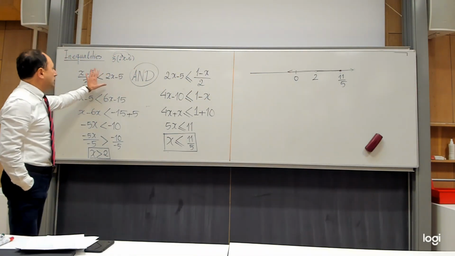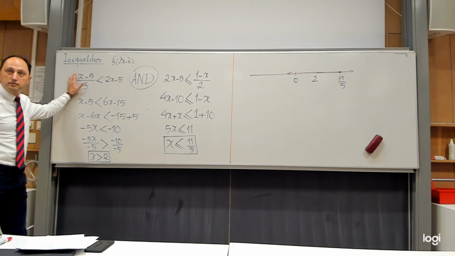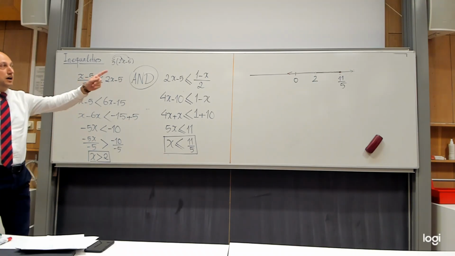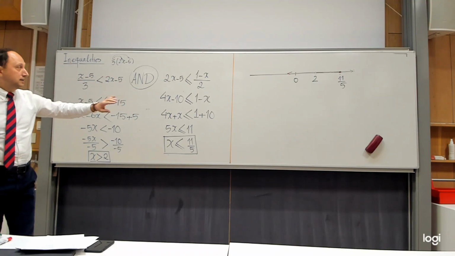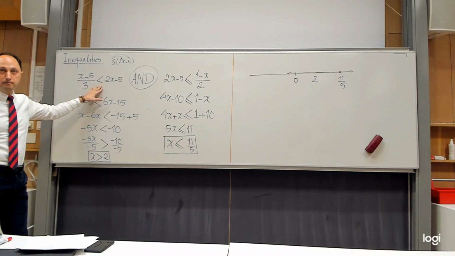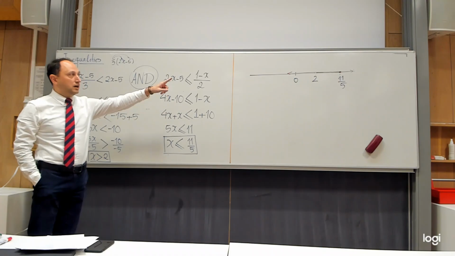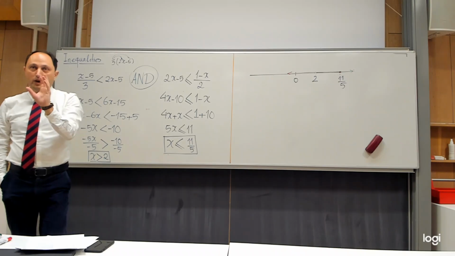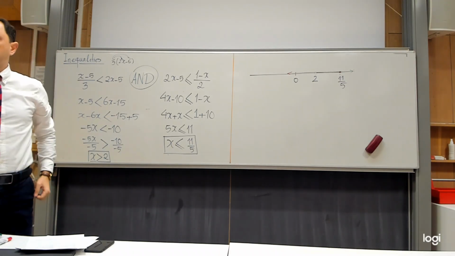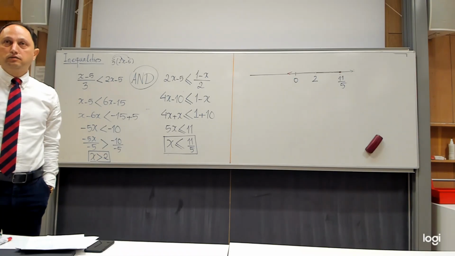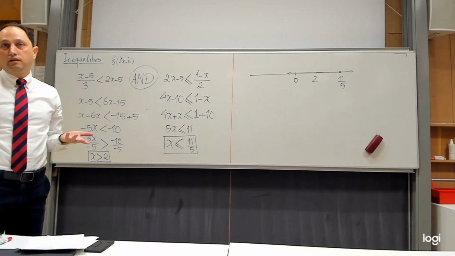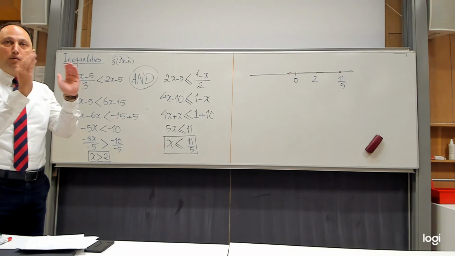So what does it mean? It means that if you want to satisfy only this part, you need to only care about this. You have to be on the green line. If you are on the green line, this is automatically satisfied. If you are on the red line, this is automatically satisfied. But you need to find a way that you satisfy both of them simultaneously. So what is the answer? You should be both on the green line and the red line simultaneously. It means that you have to be that common part.